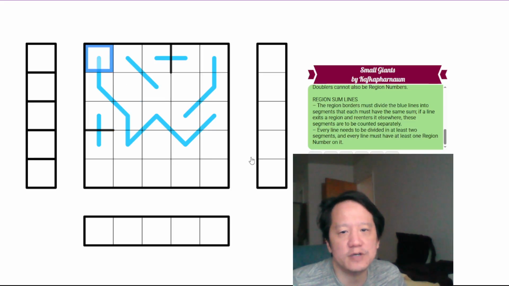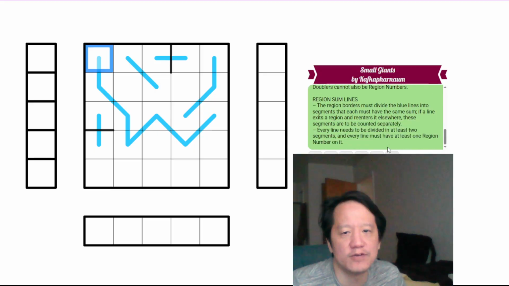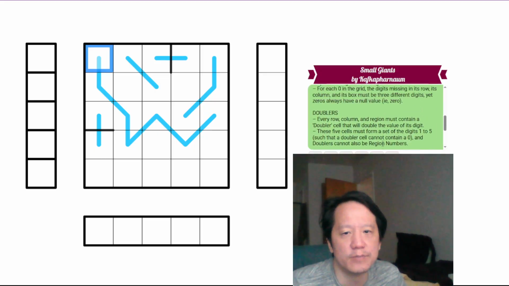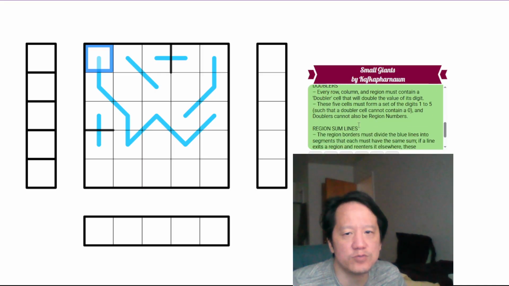This is going to be a region number, so it must be 1 through 5. And you cannot have a doubler on the region number, so this is not a doubler. Doublers I'll have as red, I guess, and the non-doublers are blue.